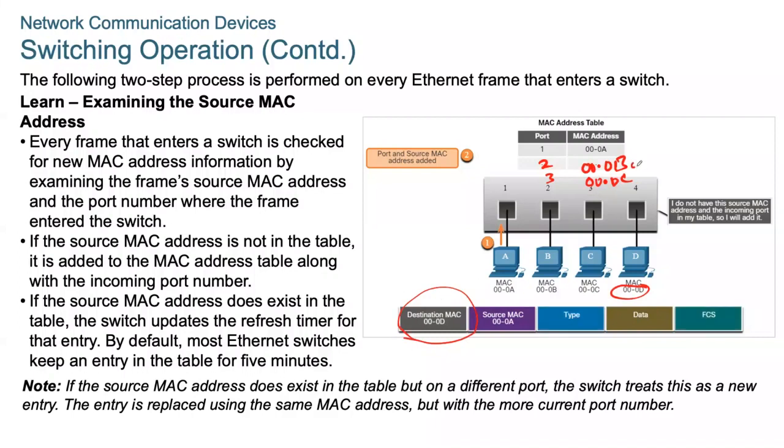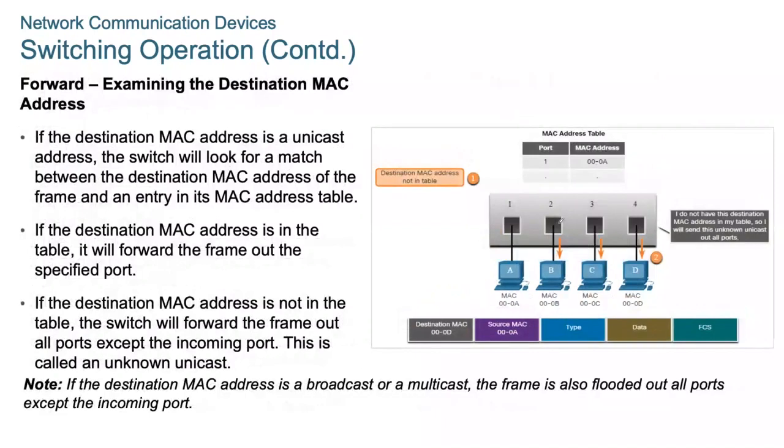If it is there, then for that particular MAC address, whichever port is assigned, through that port it will simply forward. So it goes to one-to-one communication. So the second operation is forwarding. The first one is learning the MAC address. The second one is forwarding.